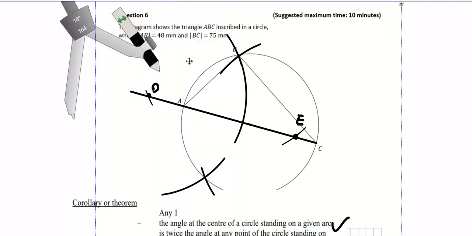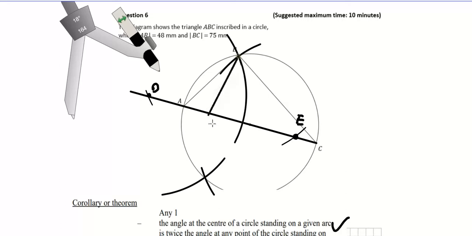Now see those 2 points where they intersect each other? If I draw a line, it goes through B. It doesn't bisect AC, but it's perpendicular to AC and goes through B. Okay, all right, that's that one done.